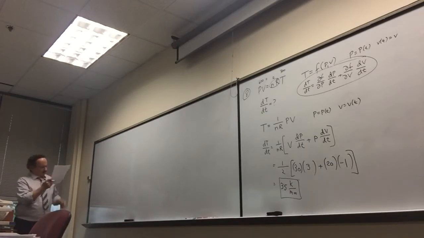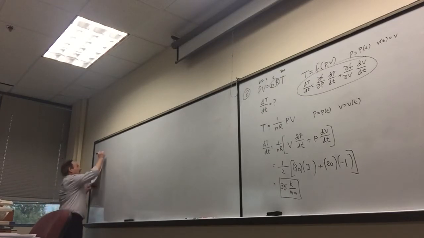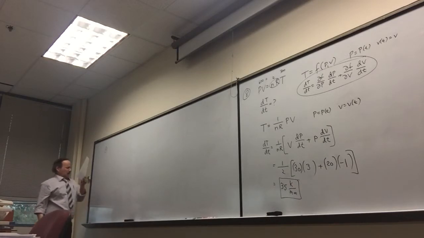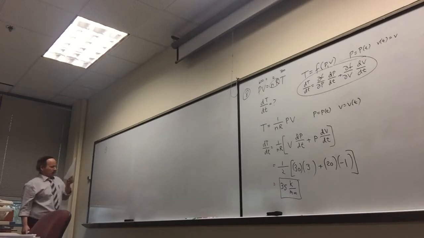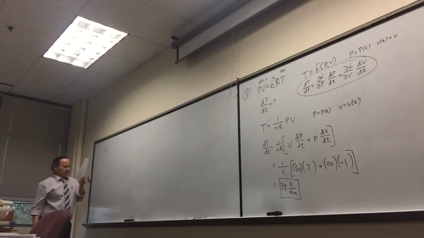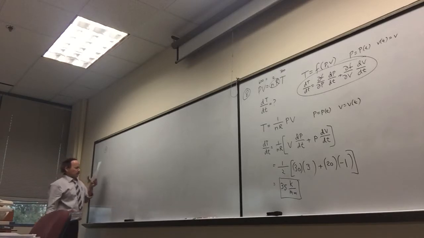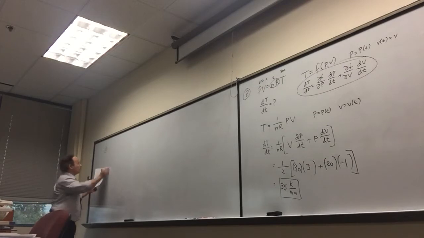All right, let's look at number 10 for a second. Let's see how you would solve a problem like this. Wheat is poured through a chute at the rate of 10 cubic feet per minute and falls in a conical pile. So what should you do right now? Draw a picture.